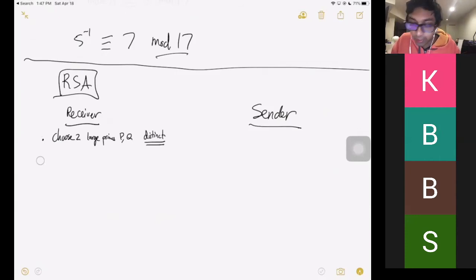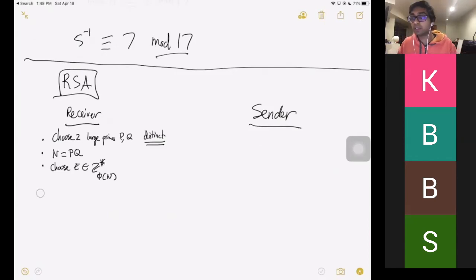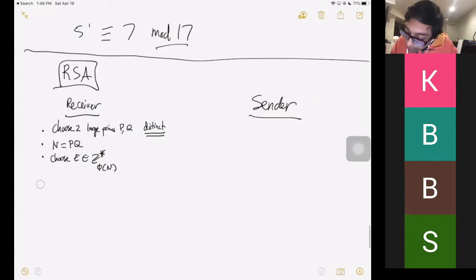Then compute n is equal to P times Q, and then choose some E in Z star phi of n. Huh, that's weird. Usually the exponent just comes from phi of n. Why are we choosing Z star phi of n? Something to think about.